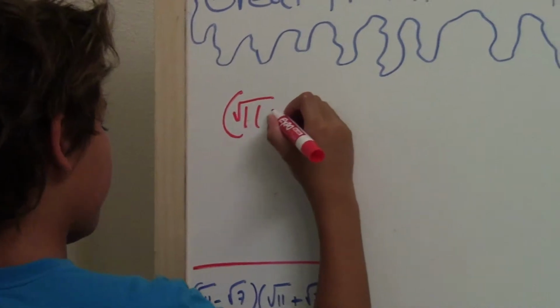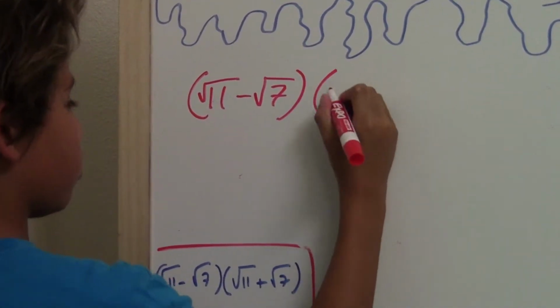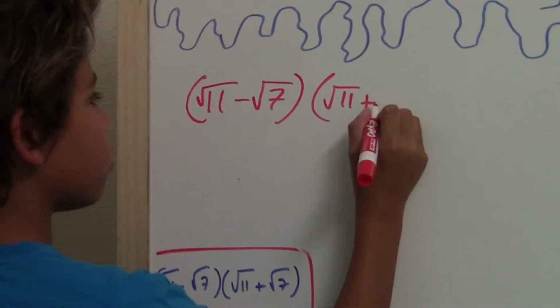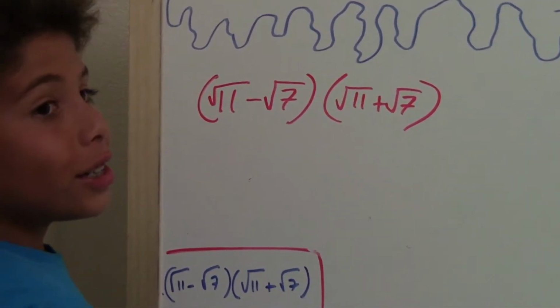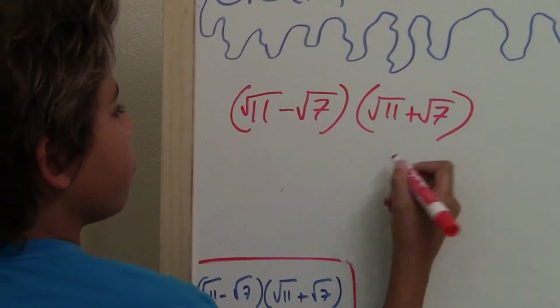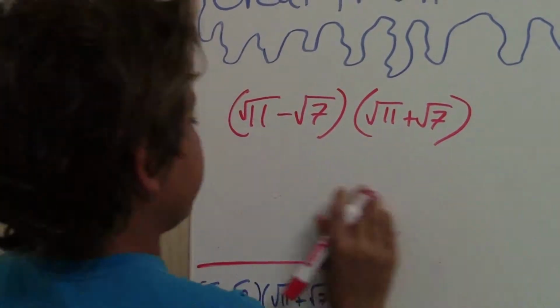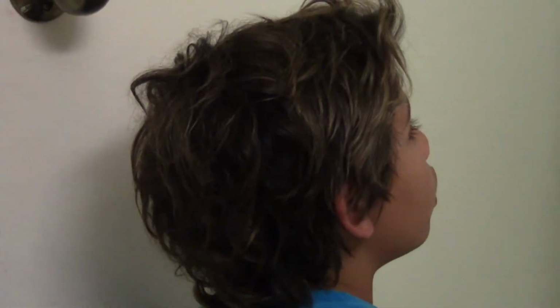Square root of 11 minus square root of 7 times square root of 11 plus the square root of 7. Oh, this is harsh. If only this was a plus, we could just make it square root of 11 plus 7. This is going to be a hard problem. Oh, I know.